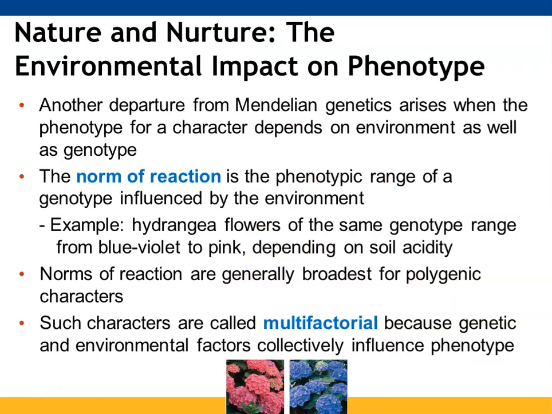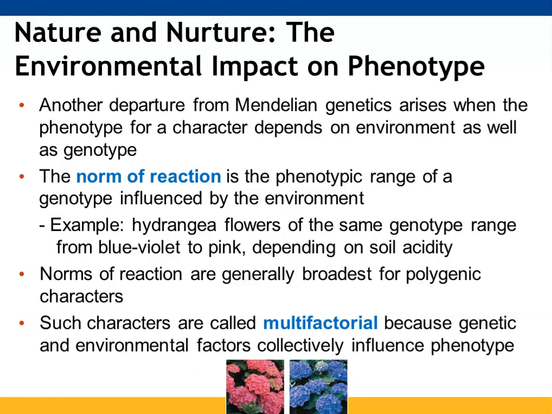So nature and nurture, how environment can impact your phenotype. Sometimes these characters are going to be dependent on your environment. The norm of reaction would be basically your phenotypic range that's influenced by your environment. Hydrangea flowers can vary from pink to blue-violet. It depends on how acidic or how basic your soil is.